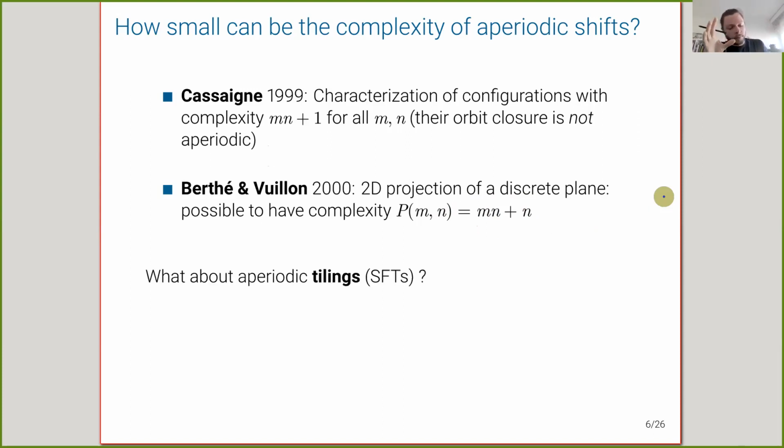And maybe the question that interests me the most is maybe not about general shifts, but more the shifts that represent tilings, or in other words, SFTs, shifts of finite type, where we can only forbid a finite set of patterns.